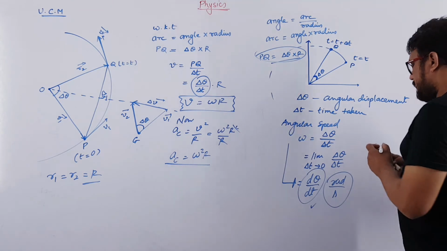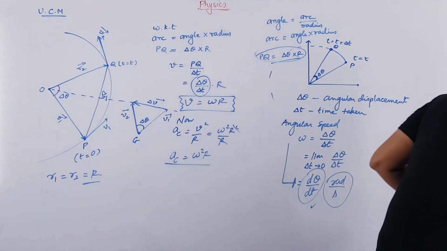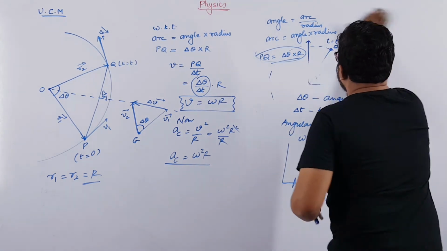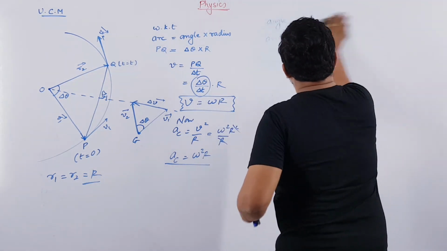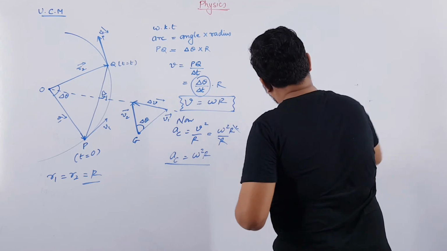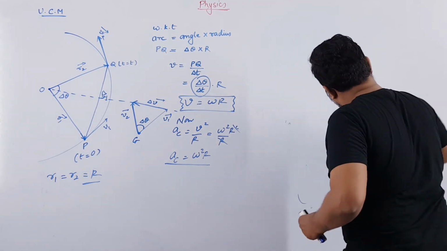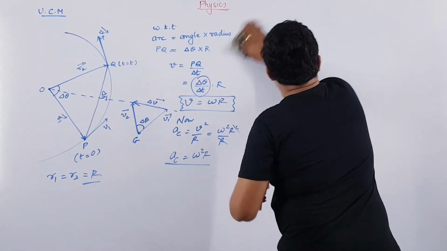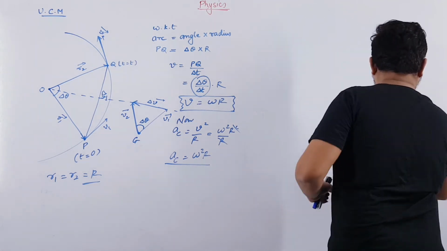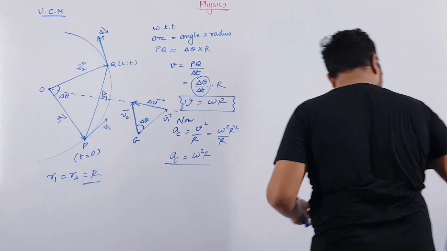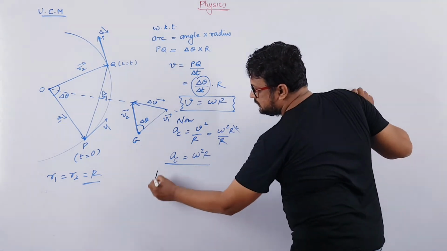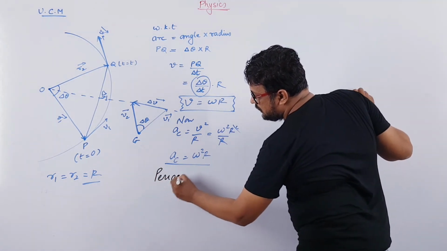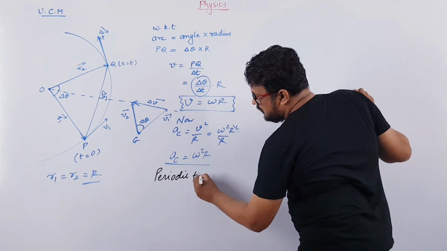Now here we are going to define two more things which you have to remember. The first one is periodic time. What is periodic time?